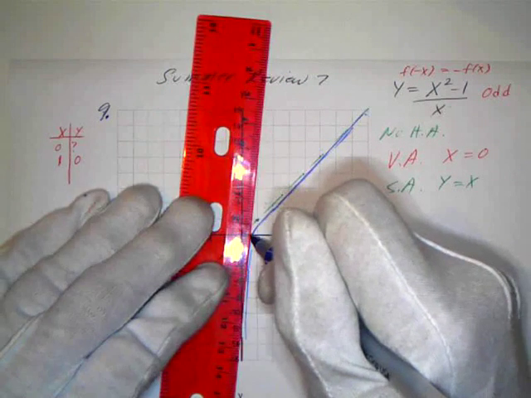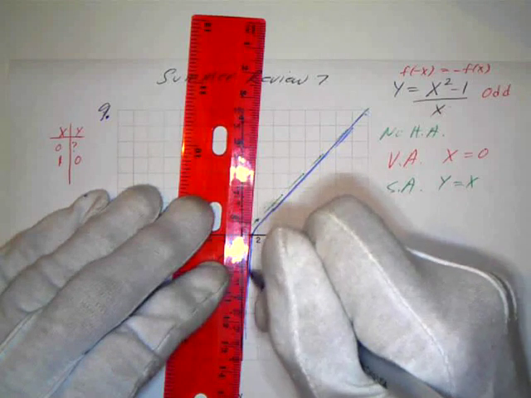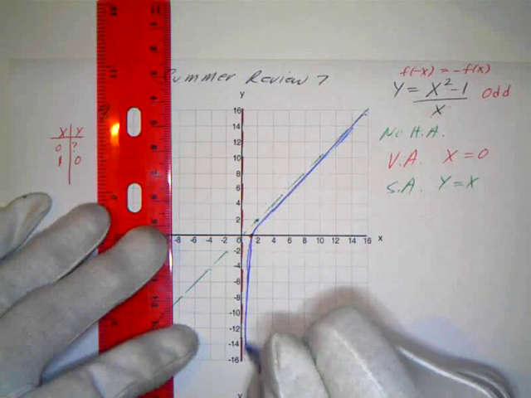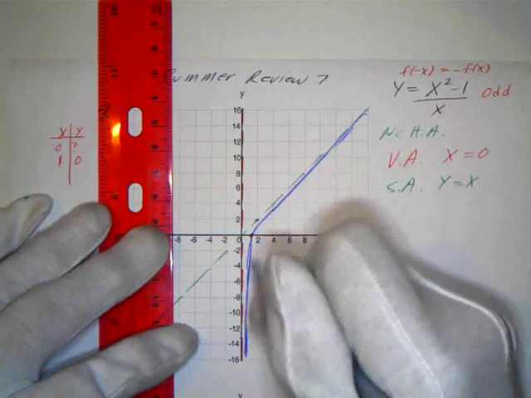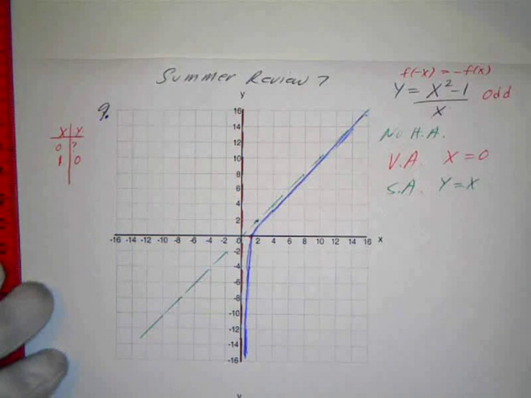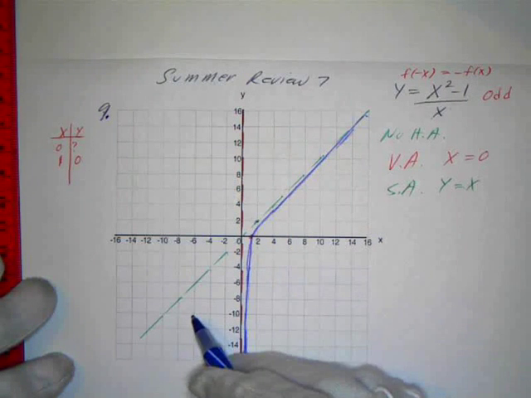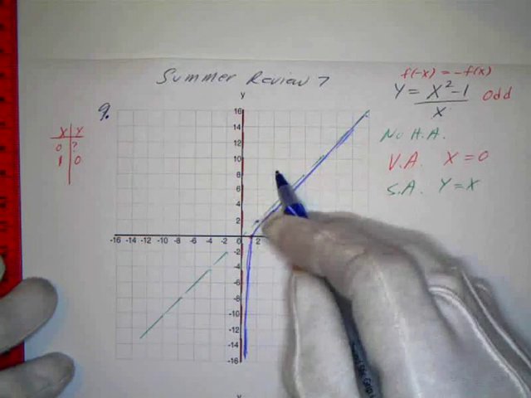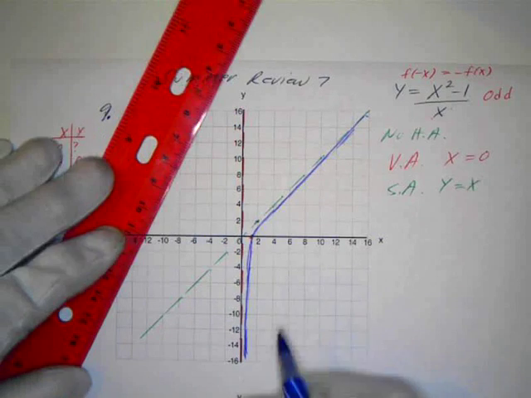And come back down around. Oh, jeez. There we go. Something like that. Okay. Now, since it's symmetrical to the origin, then I'm not going to be down over here, obviously. I'm not going to be up over here. I'm going to be over here. And that's going to be symmetrical to the origin.